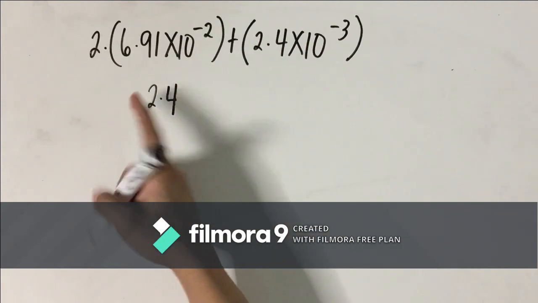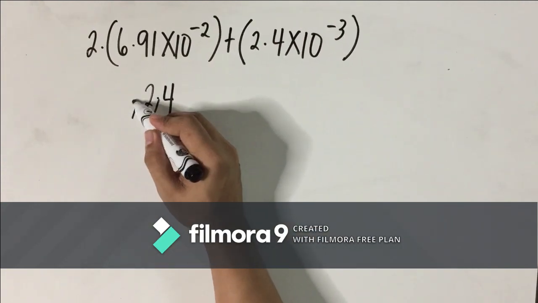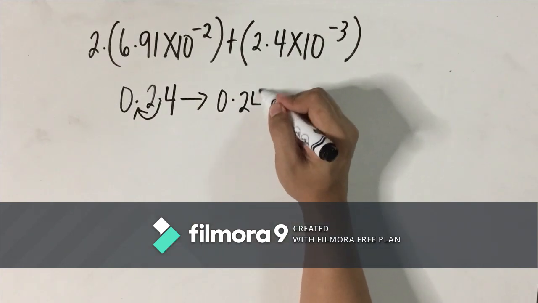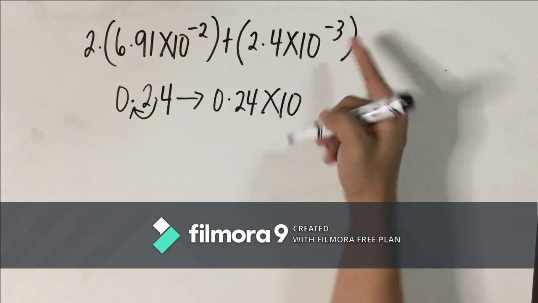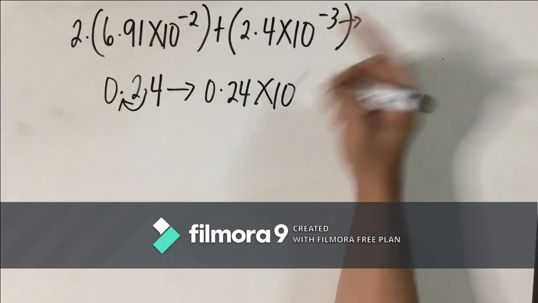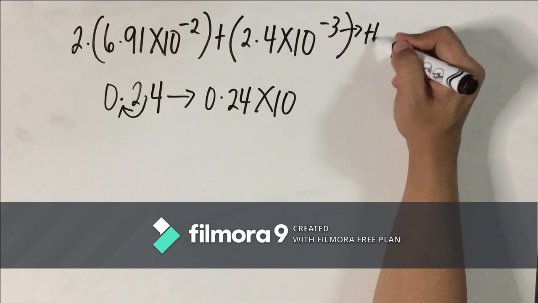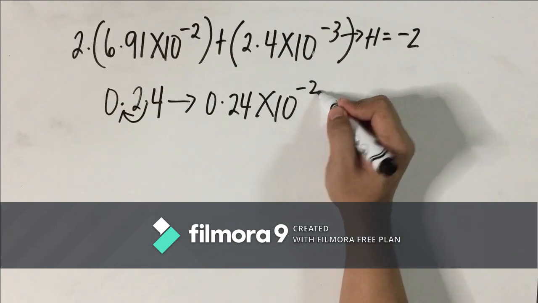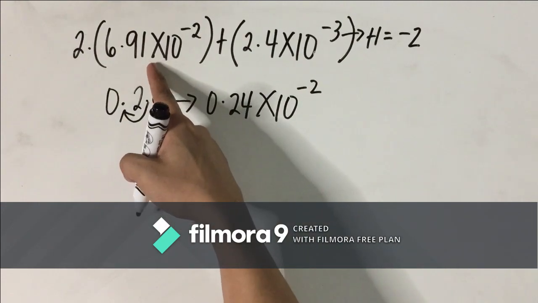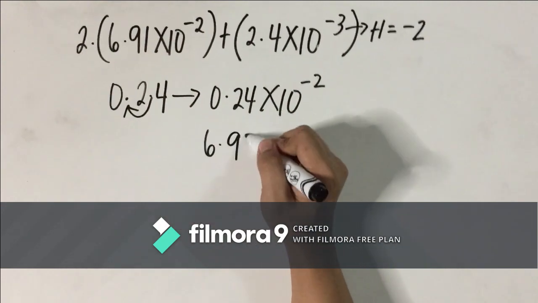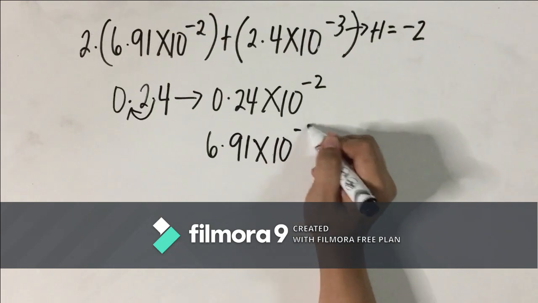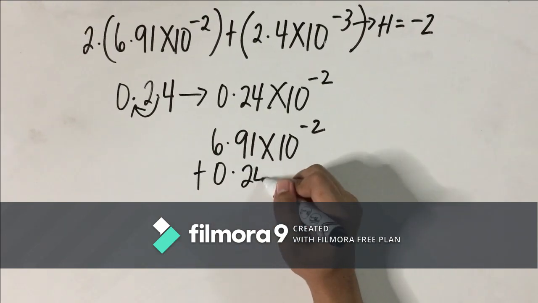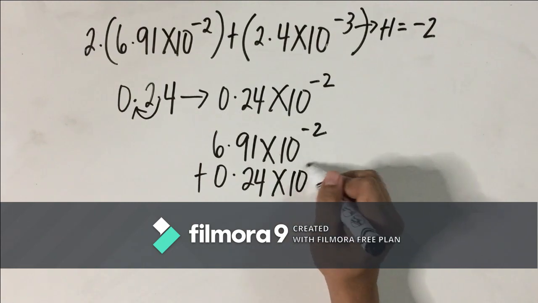So we have to do the movement going to the left, indicating one positive movement. So that becomes 0.24. So negative 3 plus 1, that becomes negative 2. So they have now the same exponent. So we can now proceed to adding the digit terms. So 6.91 times 10 raised to negative 2 plus 0.24 times 10 raised to negative 2.